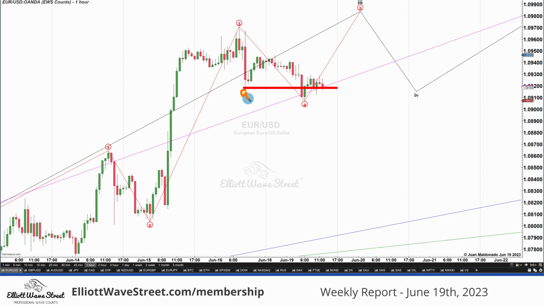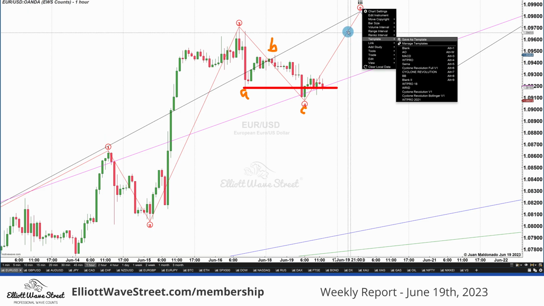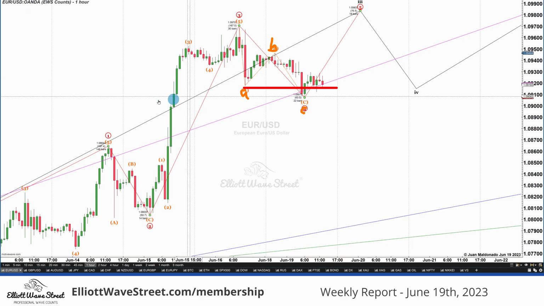Anyway, if this is A, if this is B, and this is C, so the question, actually, let me fix here so we can see the waves. There we go. So the question is actually how we can find the end of the wave 4. The beginner will start buying because the price is selling off. Imagine the price here selling off and selling off and selling off.